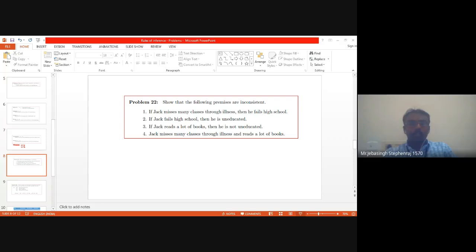And is used. Jack misses many classes through illness and reads a lot of books. The connector here is and, so it is a conjunctive statement. Two statements are connected using the and operation, so it is a compound statement. For the first one, the clue is if-then, which means it is a conditional statement. Here also you have if, then.